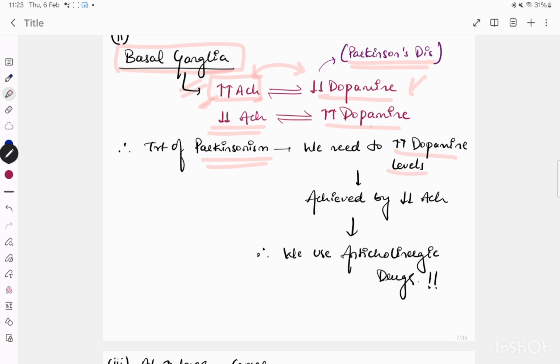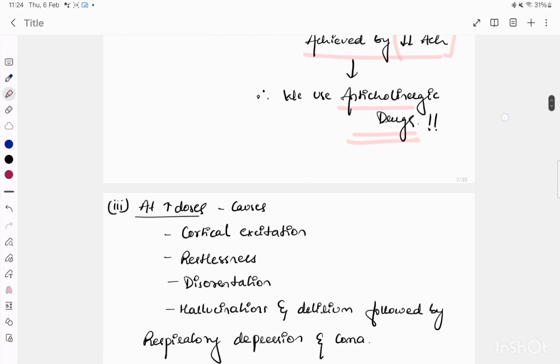How do we increase dopamine levels? This can be achieved by decreasing ACh levels. Look at this. If I have to increase dopamine, I need to decrease ACh. So how do I decrease ACh? By giving anticholinergic drugs. This is why anticholinergic drugs are used in Parkinson's disease.